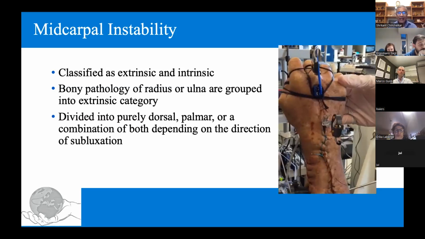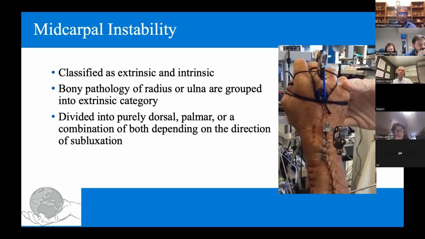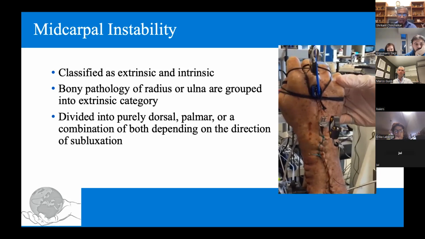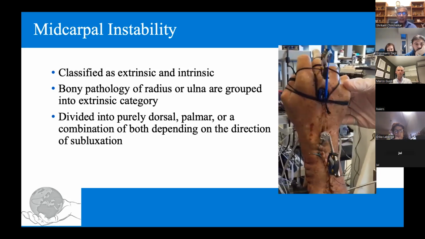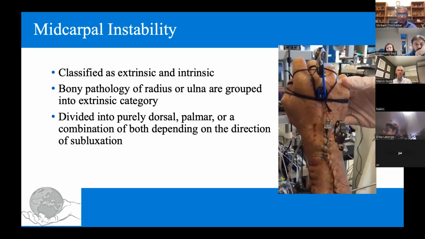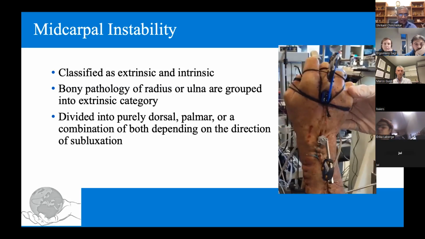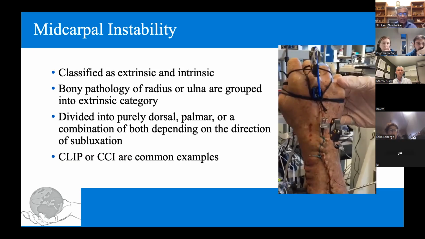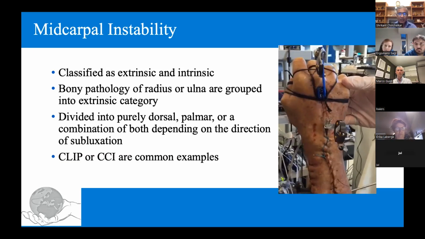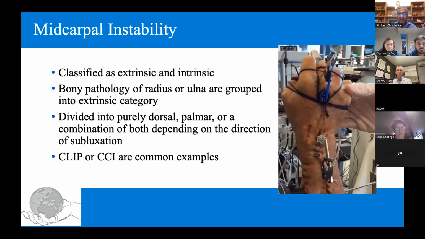Midcarpal instability is divided into purely dorsal, palmar, or a combination of both, depending on in which direction the carpal subluxation is occurring. Capitolunate instability pattern, or CLIP, and complex carpal instabilities are the common examples.